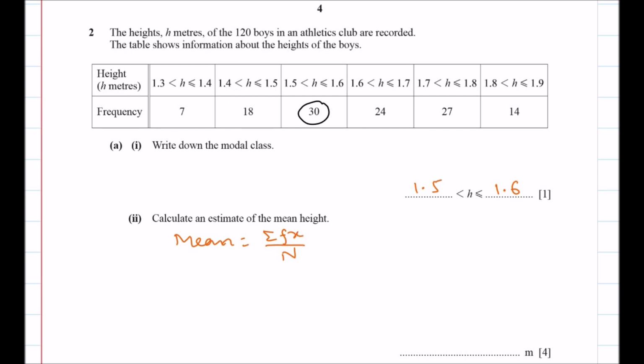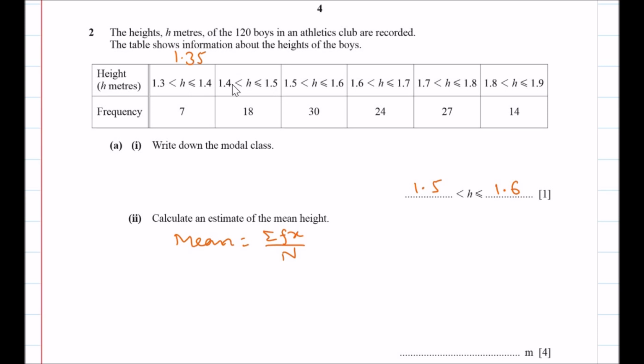So let us find, 1.3 to 1.4. Let me erase this here so there will be no problem. So 1.3 to 1.4, how to find the midpoint? Add 1.3 and 1.4 and divide by 2. If you are dividing by 2, we get 1.35.